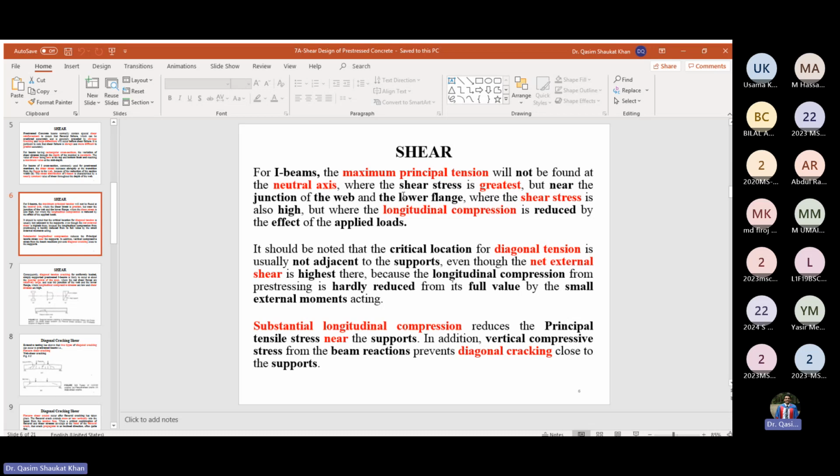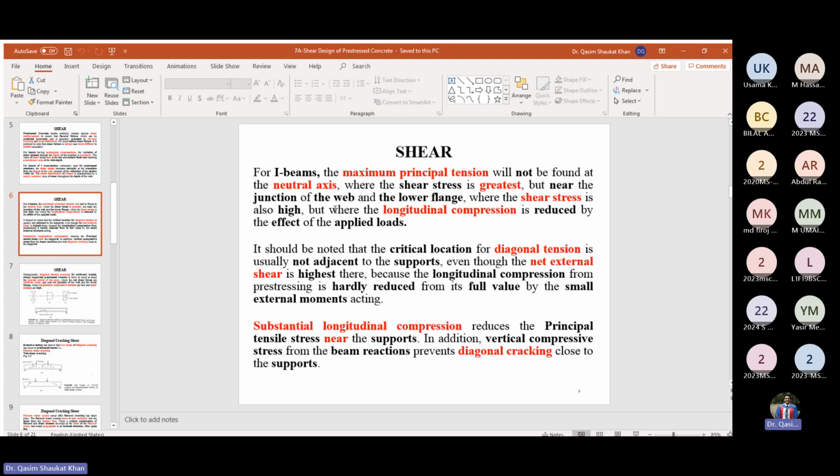One is the junction of the web with the top flange, and other is the junction of the web with the lower part of the flange. So, near the junction of the web and the lower flange, the shear stress is also high, but the longitudinal compression is reduced by the effect of applied loads.